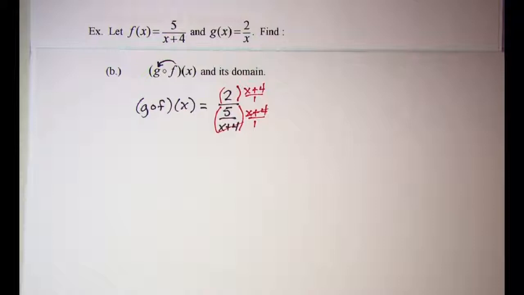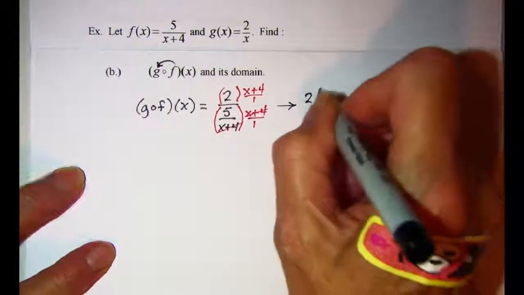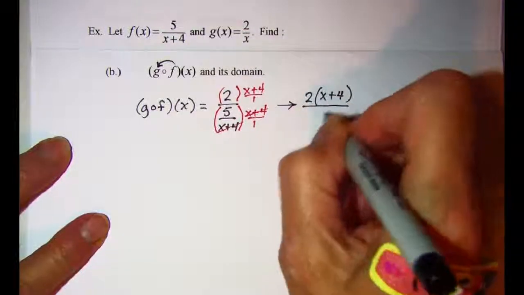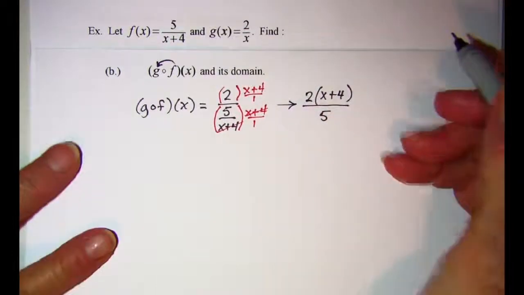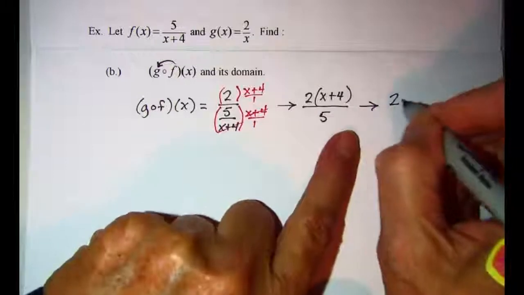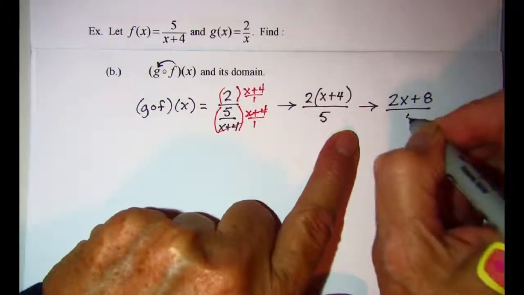I have 2 times x plus 4 over 5, which simplifies to 2x plus 8 over 5.